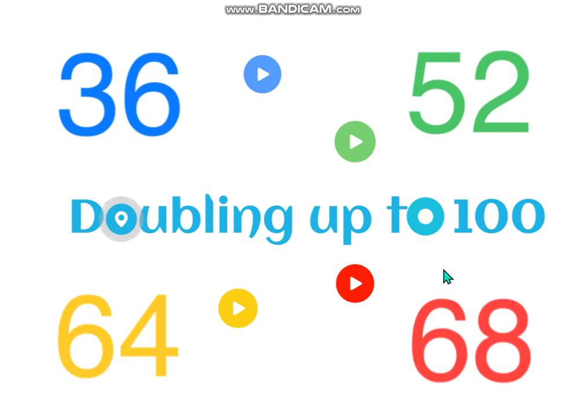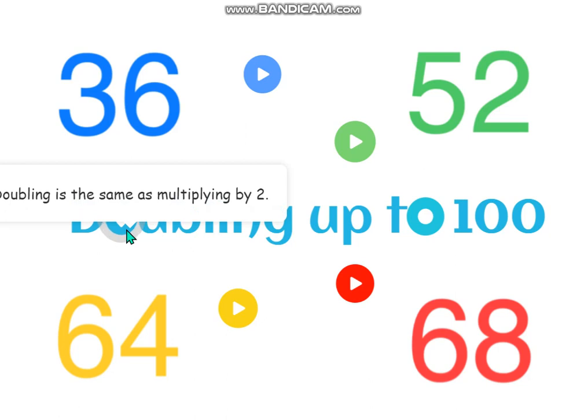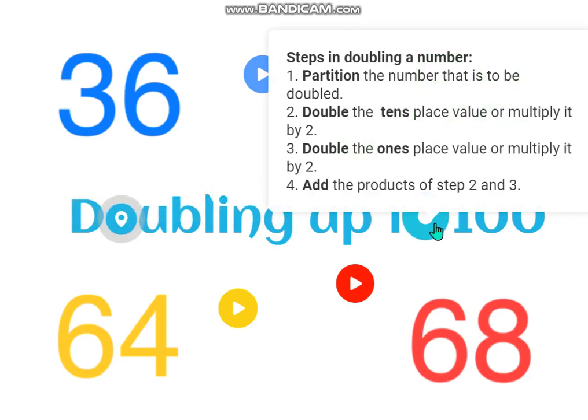Alright, so always remember, when we are doubling a number, it is also the same thing as multiplying it by 2. And for our 4 steps, first one will be partition, second step double the tens, third step double the ones, and fourth step we add the products.